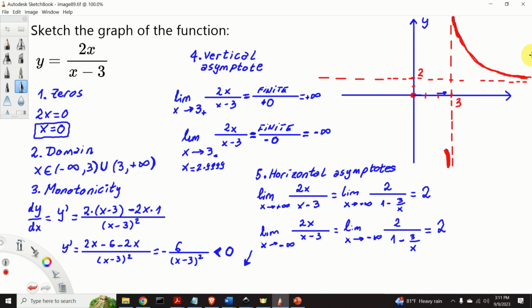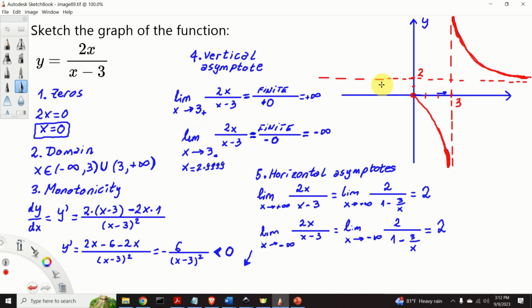Then we concluded that the function is always decreasing. If this is 0, right? Since the function is decreasing, the function needs to go like this. Right? It cannot go up, cannot go down, cannot cross the x-axis over here. It has to go down, and it has to go to minus infinity. This is because the line x equals 3 is a vertical asymptote.